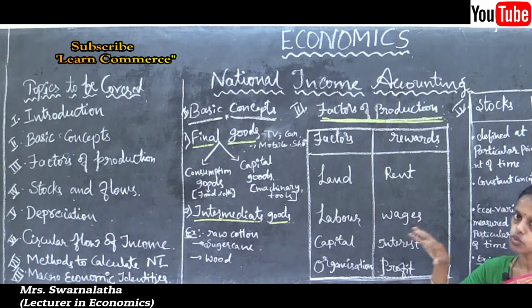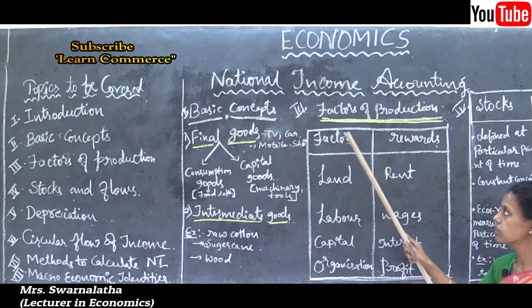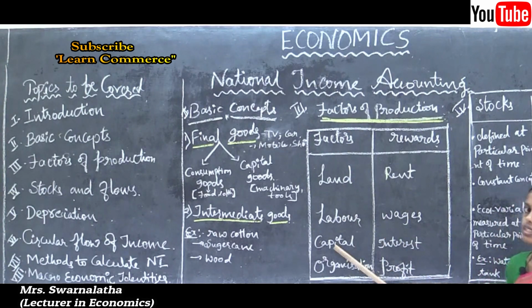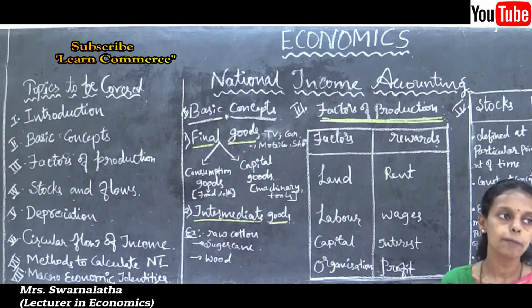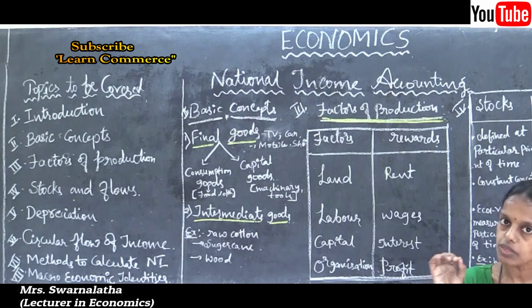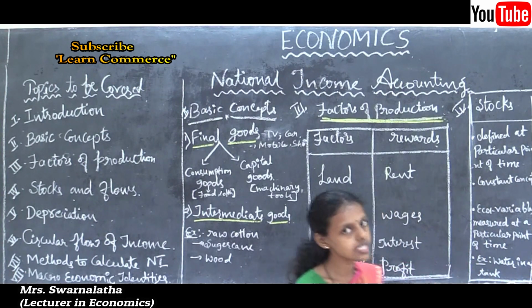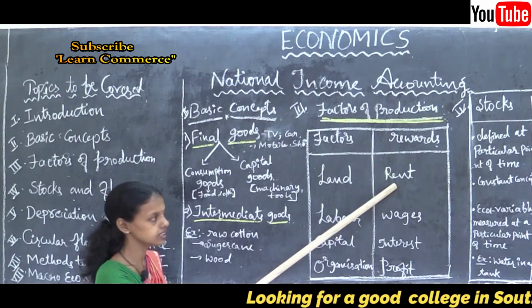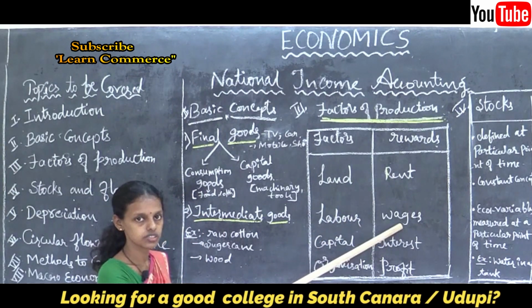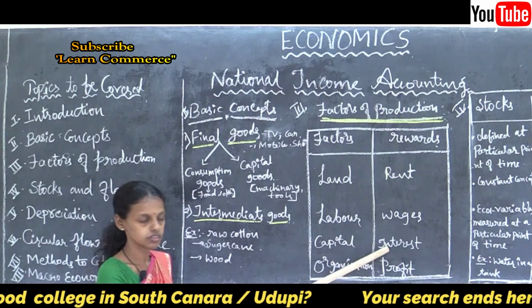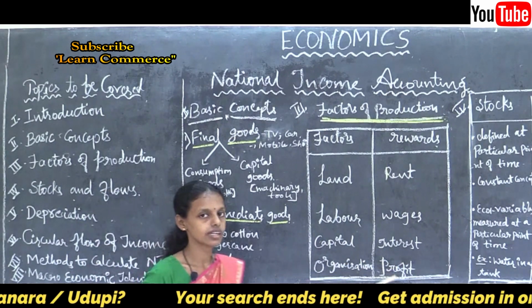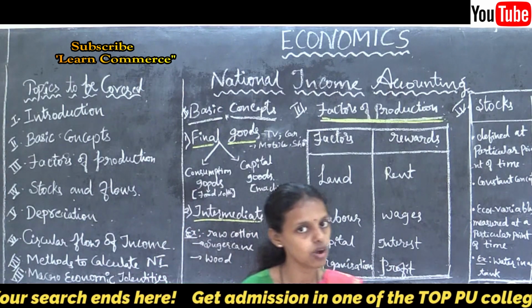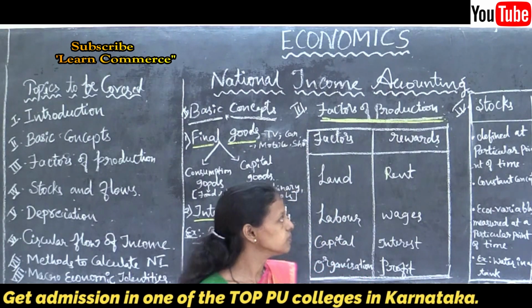For producing goods and services, we need factors such as land, labor, capital, organization. For these factors, we give factor payments, in the form of rewards. Land is rewarded with rent, labor with wages, capital gains interest, and organization earns the maximum profit or minimum profit.